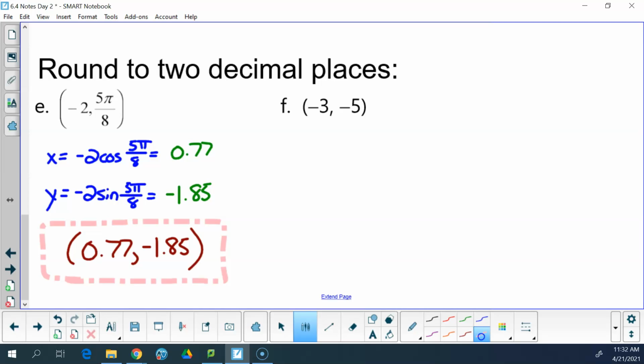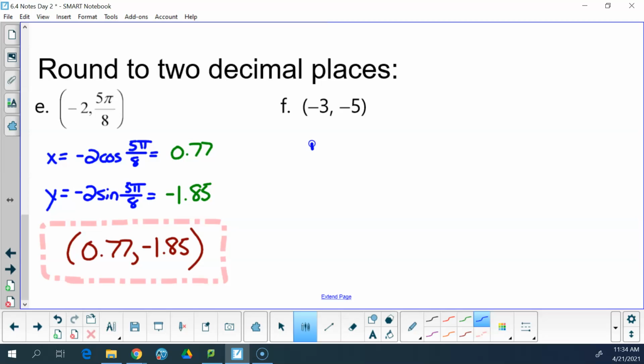That's the most common mistake in polar coordinates, that your calculator is in the wrong mode. So you need to fix that before each problem. If it's in degrees, make sure your calculator is in degrees. If it's in radians, put your calculator in radians, or convert it to degrees. One of the two.